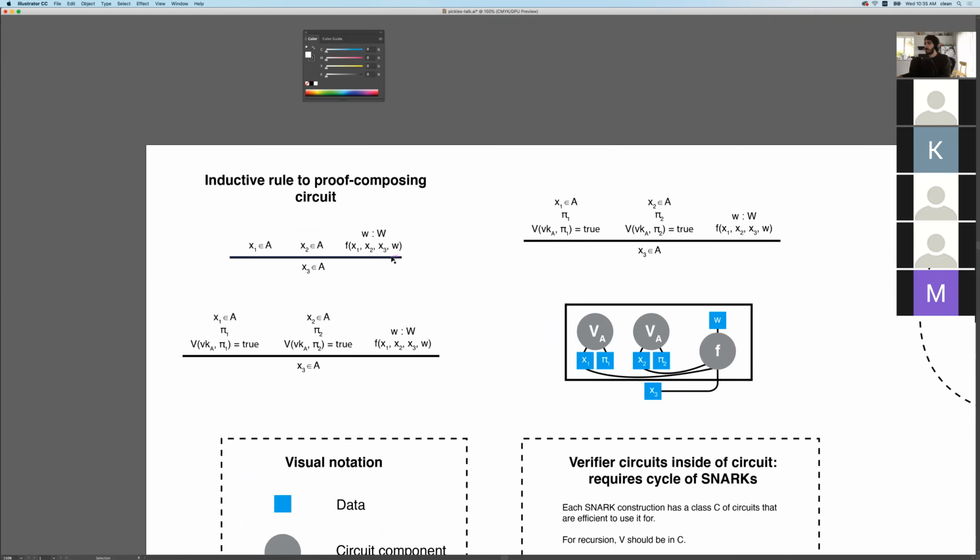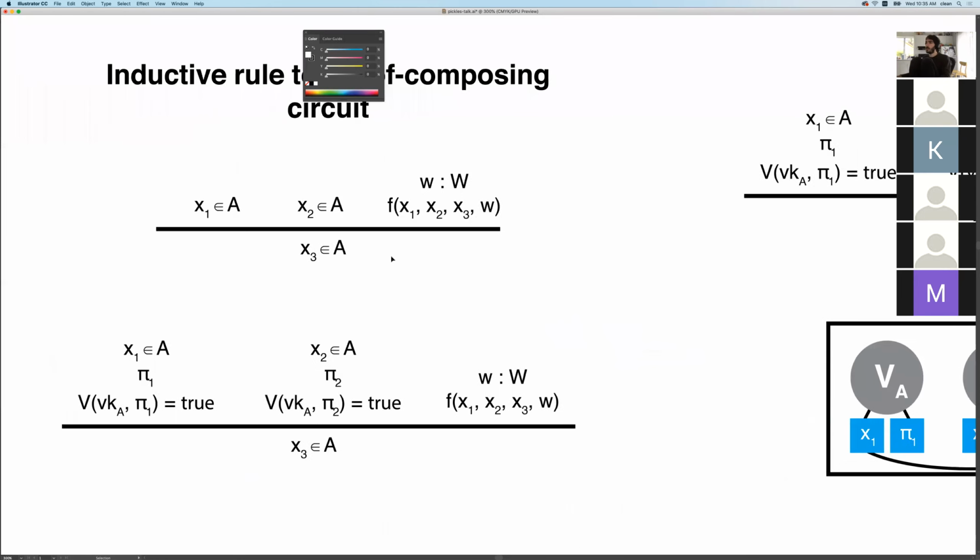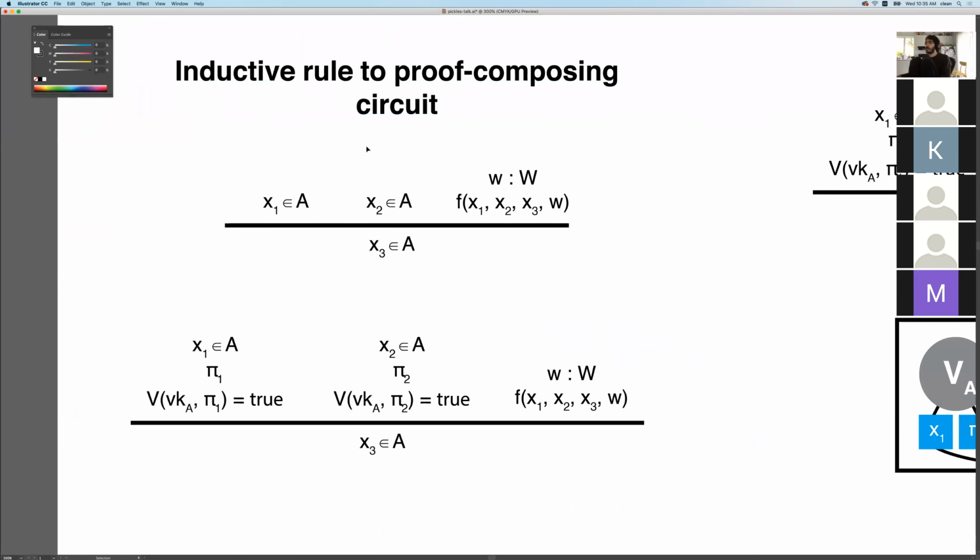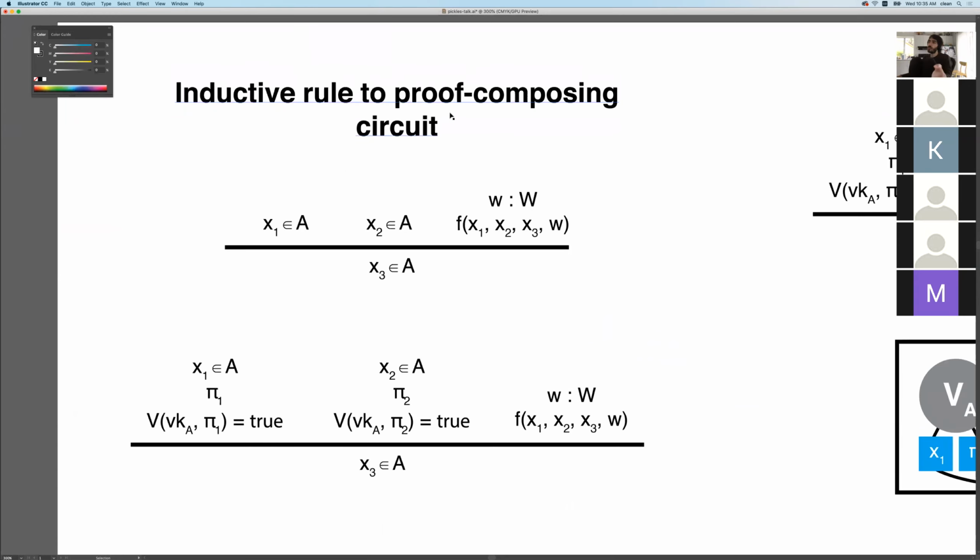Okay, how's it going to look? Let's explain how to go from an inductive rule to the circuit that you actually want to use your snark system on. Let's say we have an inductive rule of this shape.